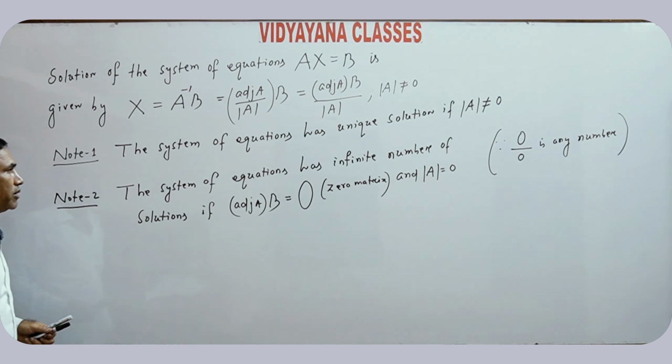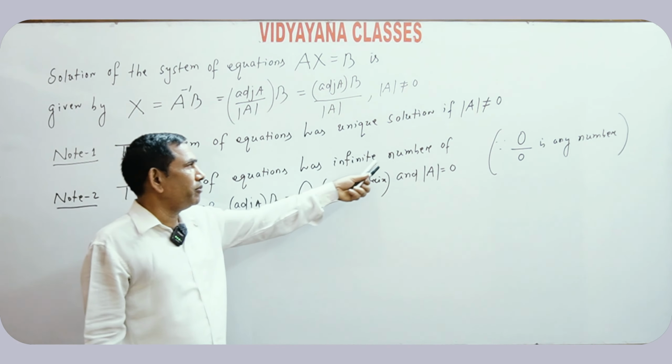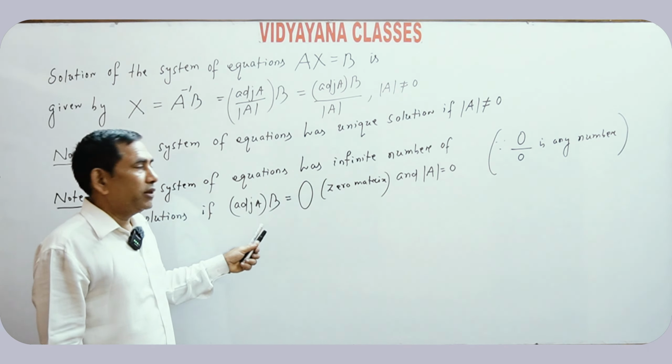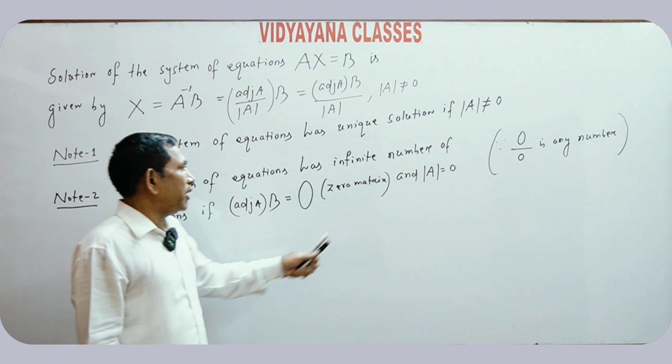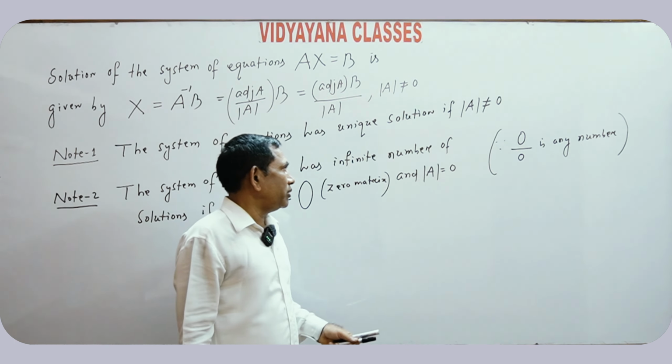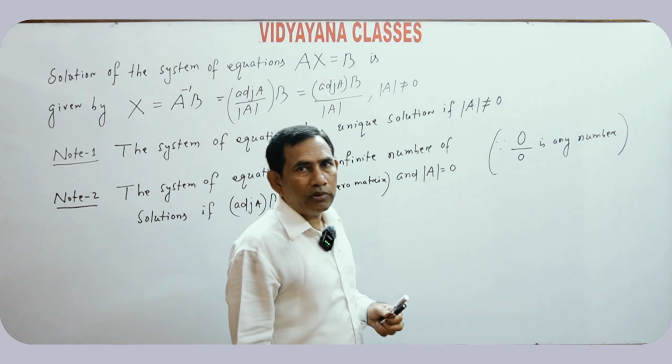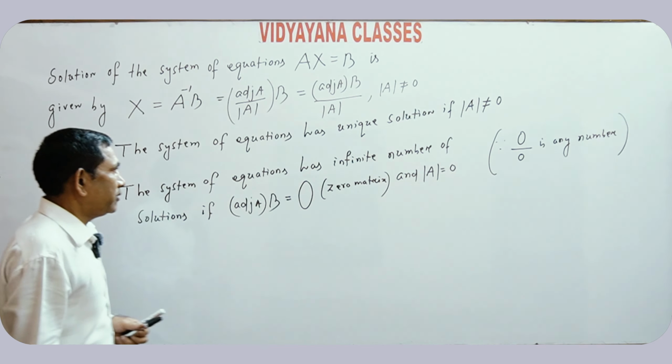Or we can say the system of equations has an infinite number of solutions if adjoint A into B is equal to 0 matrix and A determinant is equal to 0. 0 by 0 is any number, so the number of solutions is infinite.